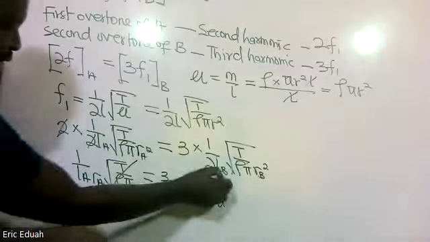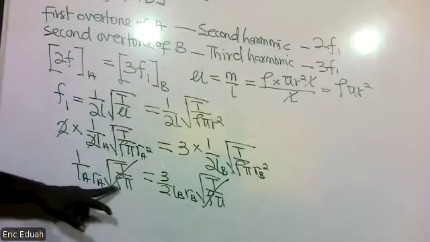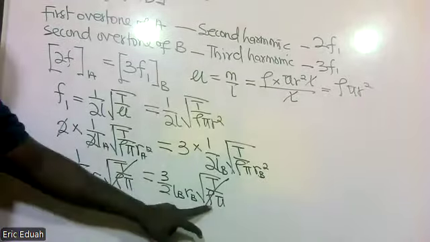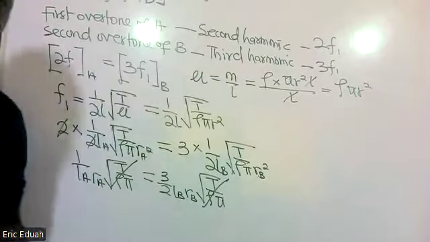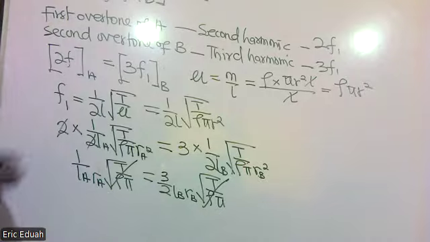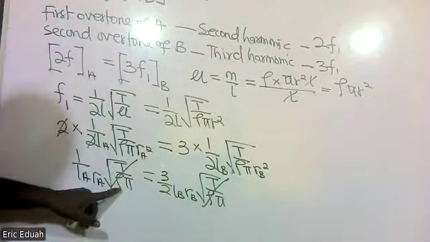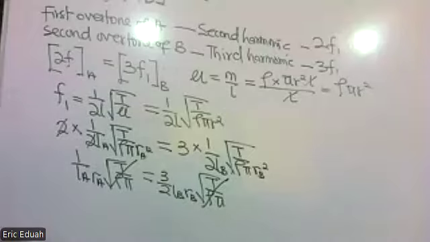This and this will cancel out because they are the same. Don't forget, this is density of A, density of B. But because they are all made of the same material, steel, their densities are the same, the reason for which I'm not distinguishing A from B. Okay. So this is what we have.